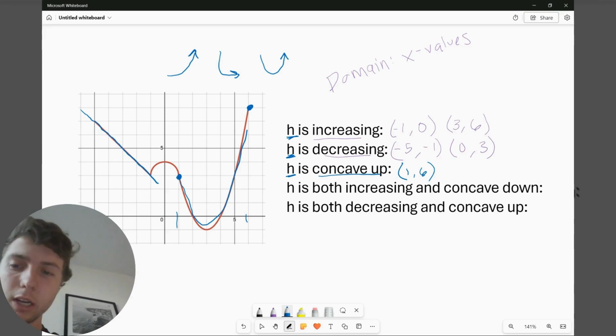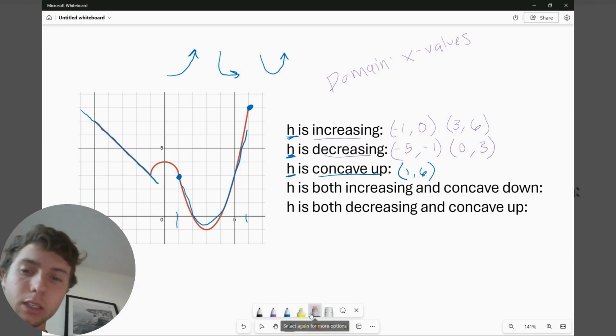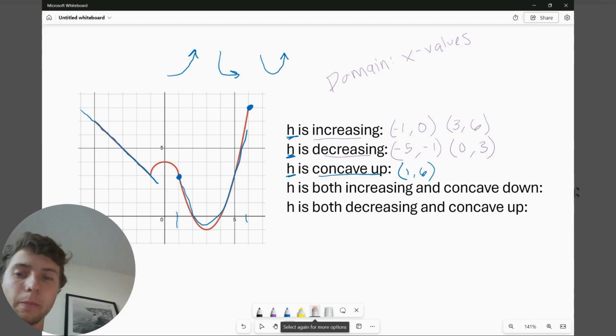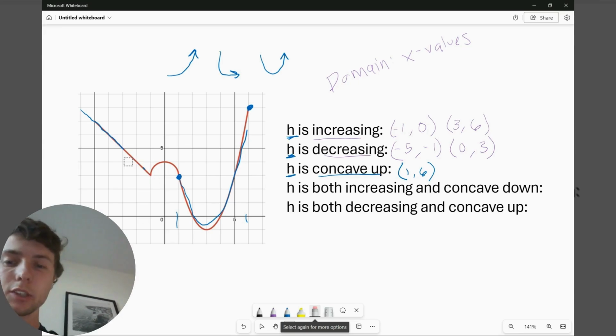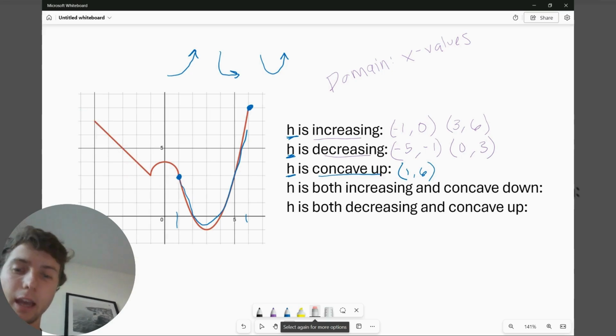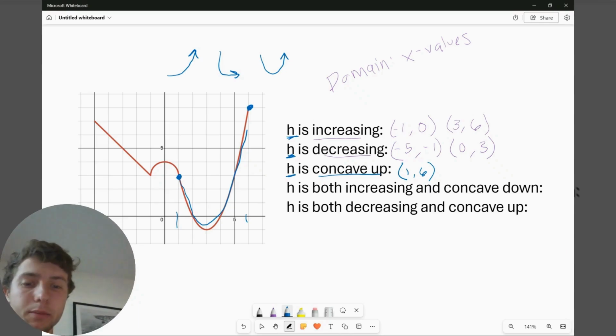I can't draw another line. In other words, this section of the graph doesn't have a changing rate of change, right? That is a linear section. It's a constant rate of change. Because it is constant, we know that linear sections cannot have any concavity. So that is the only section that is concave up.